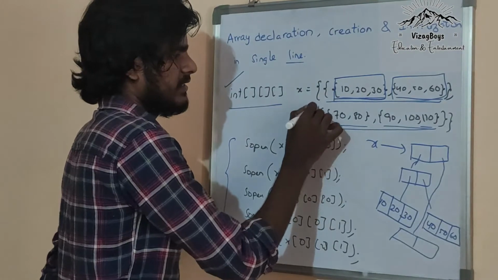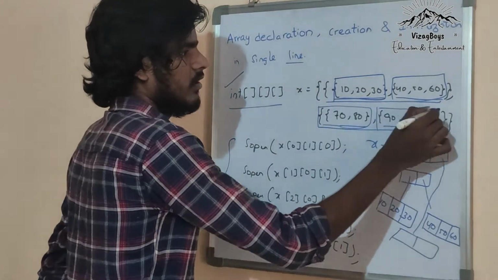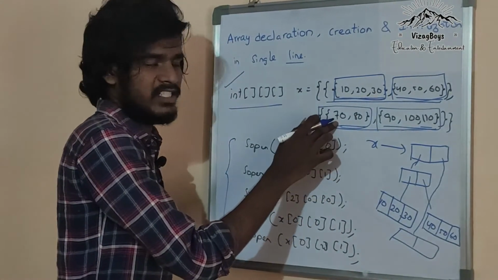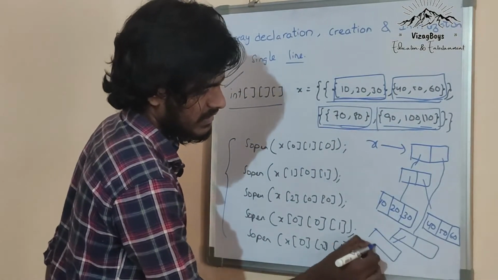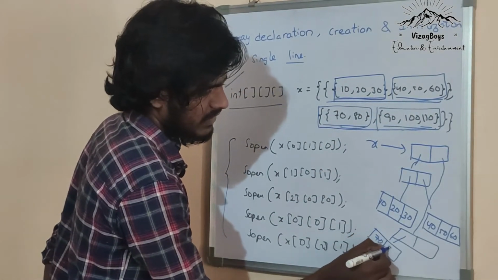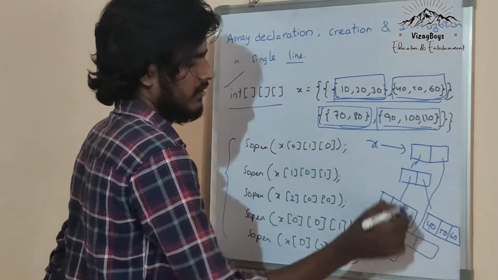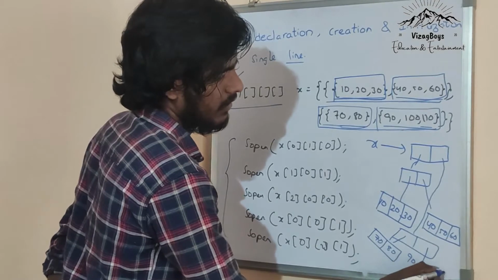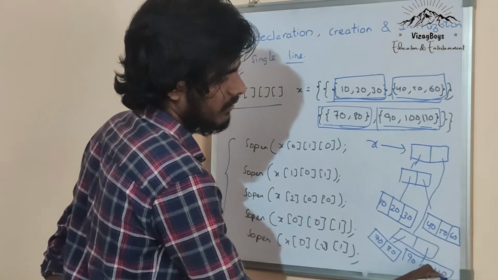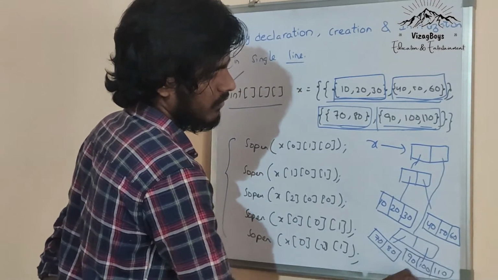Each element contains a single dimensional array, one of size 2 and one of size 3. What are the values? 70, 80. This one has size 3: 90, 100, 110.